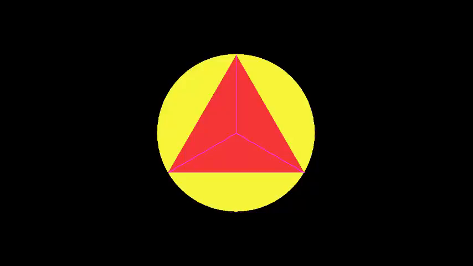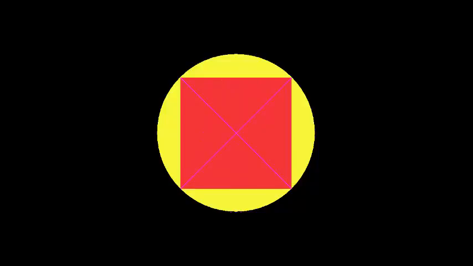Let's start with a circle containing an equilateral triangle. Obviously, the area of the triangle looks nowhere near the same as the area of the circle. What about if we try a square? A bit better, perhaps.